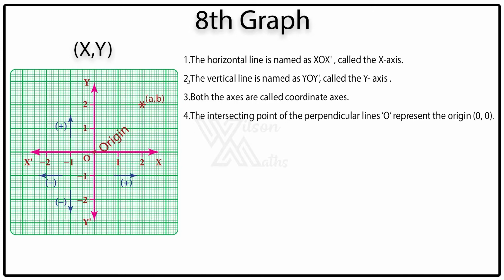Second, which is the vertical line? This is the vertical line. Notice that Y, O, Y dash. This Y, O, Y dash is called the y-axis.